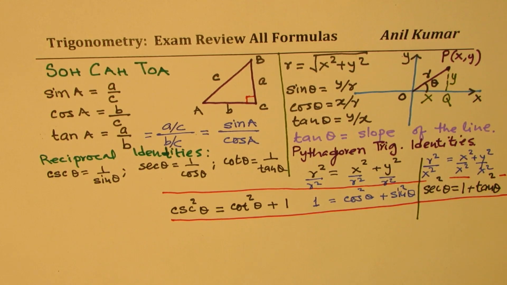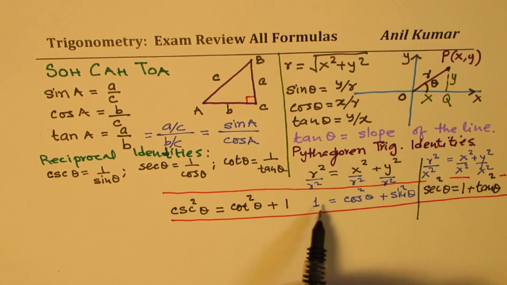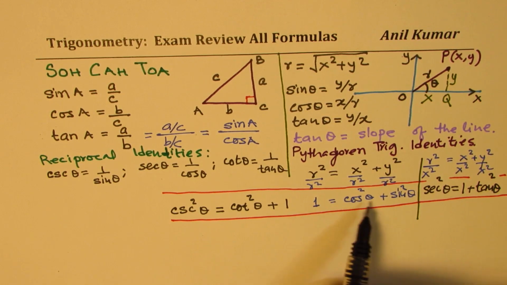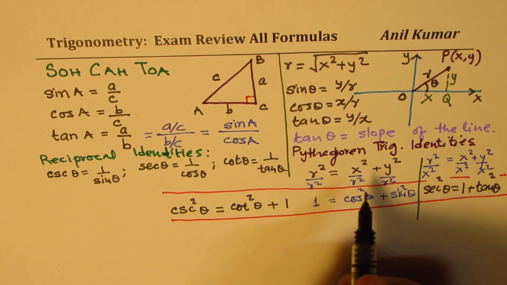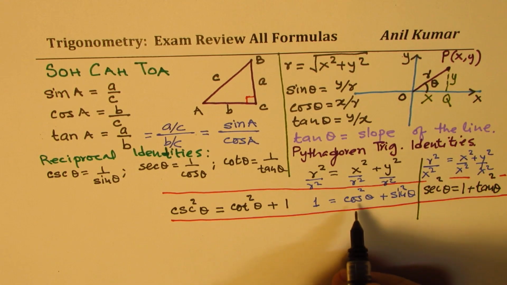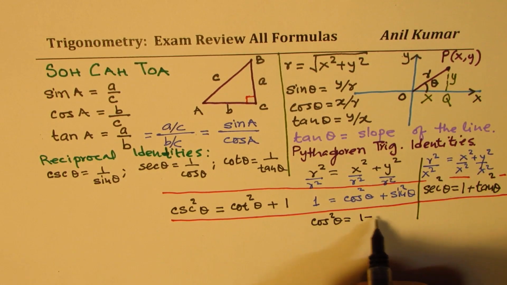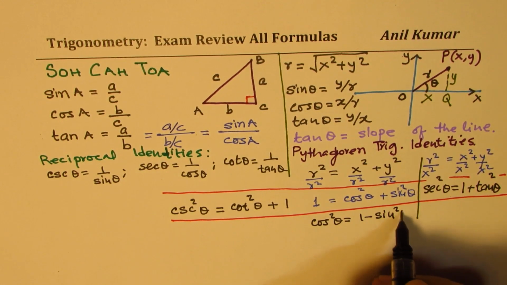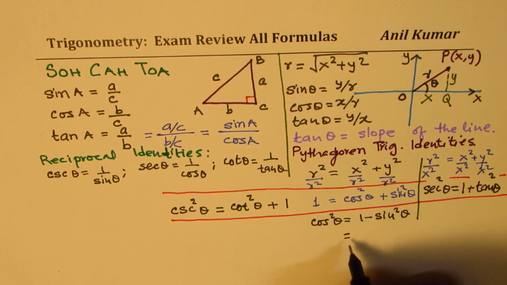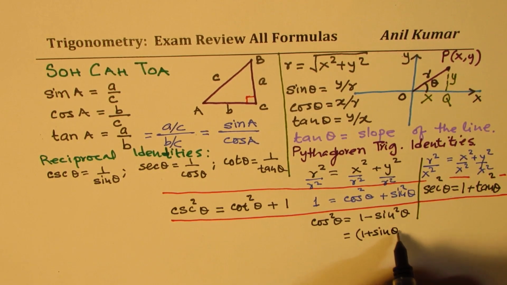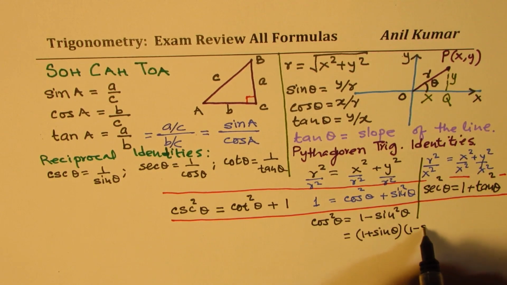Now these are very important identities and they can be used in many different ways. For example, let's work on 1 equals cos square theta plus sine square theta. In this particular case, I could always write what cos square theta equals. We can say cos square theta is 1 minus sine square theta, correct? Now you could also write this as 1 plus sine theta times 1 minus sine theta.